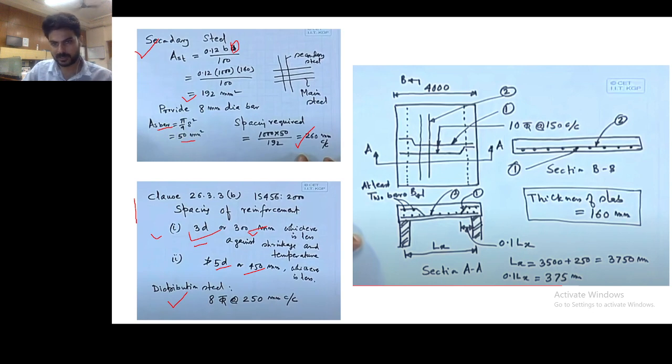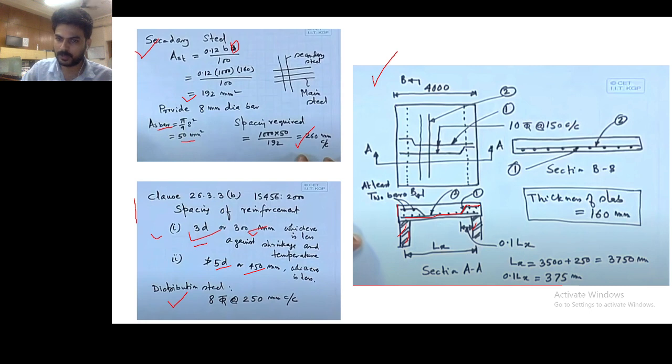Understanding this figure is very important. These are the supports, this is the main slab. The downward bars you are seeing here, at the corner we will bend up, because we don't require it here, because the tension here is less and the shear is more.